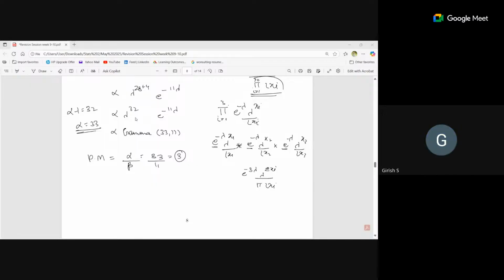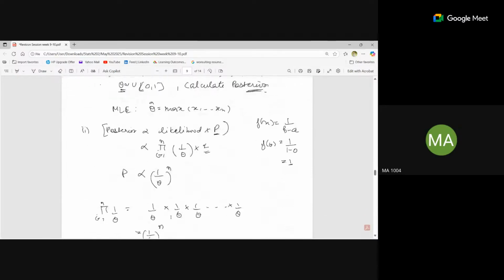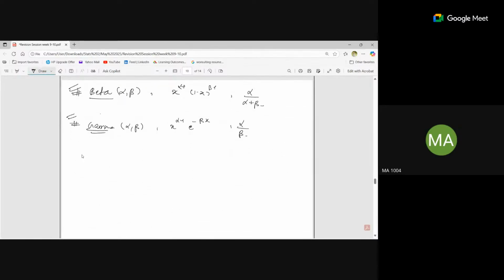Ma'am, could you explain that normal thing? I don't exactly remember the formula. For the normal, you don't have to remember the whole step, just the formula. If my posterior distribution comes out to be normal with some parameters mean and sigma square, then you have to calculate the posterior mean.